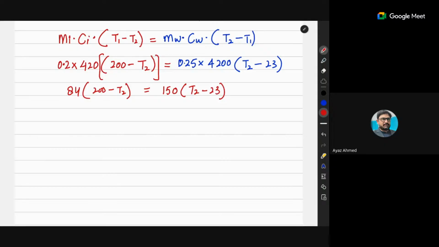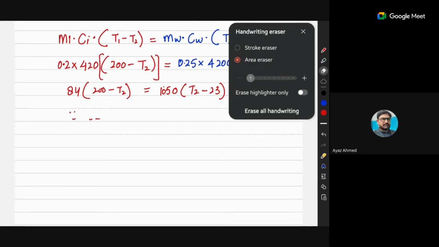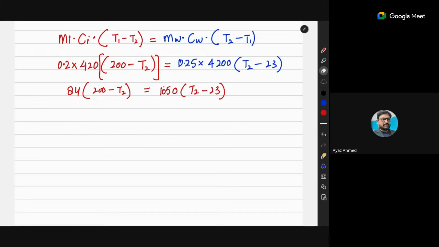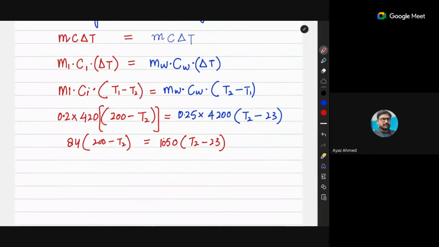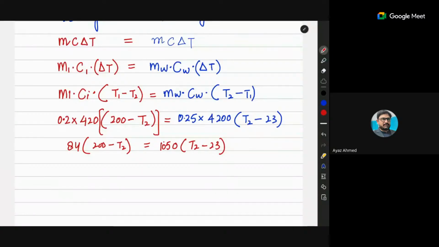Now just rearrange all this. Is it 150 or 1050, Huda? Huda is saying it is 1050. Good. Okay, so please, I need your calculation help. Hanzala, you also help with the calculation, son. Hurry up. What about this 84 into 200? 1680.